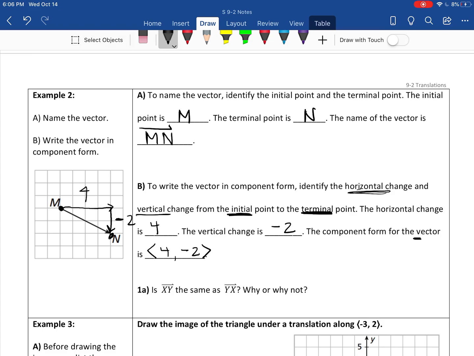All right, 1A says, is vector xy the same as vector yx? Why or why not? Well, the reason is that this vector has an initial point of x and a terminal point of y, and this one has an initial point of y and a terminal point of x.